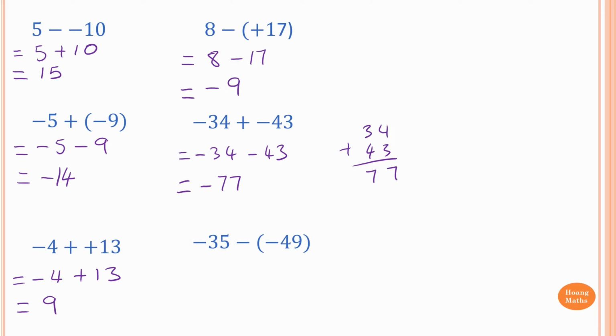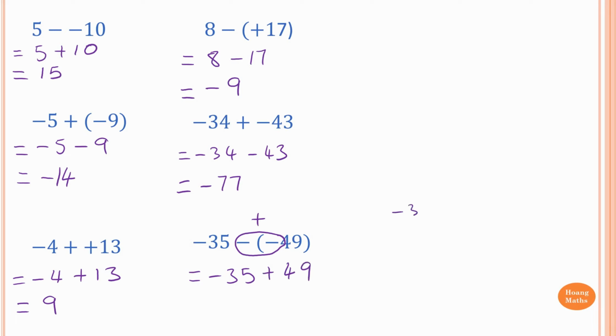Next one. Negative 35 minus 49. We have two negatives next to each other, so it becomes positive. So that is equal to negative 35, if you like, plus 49.